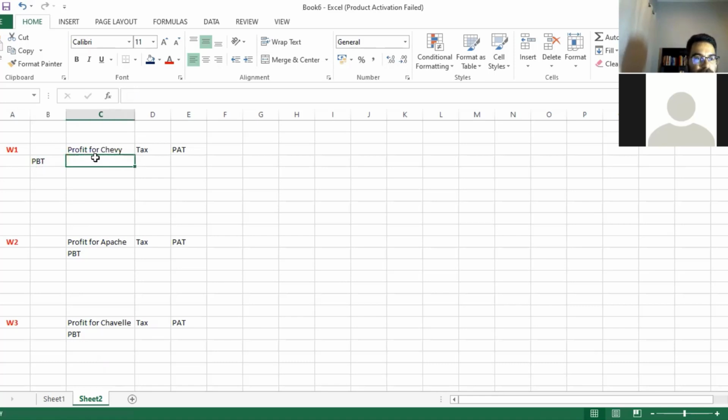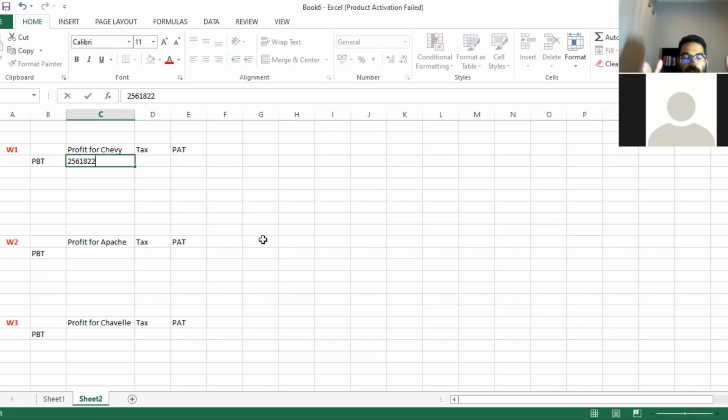So let's go through this. I'm going to start off with the profit before tax for each entity. When I look at the information, the profit before tax for Chevy is 2,561,822.